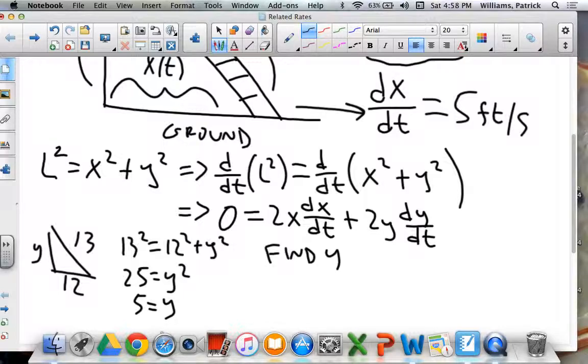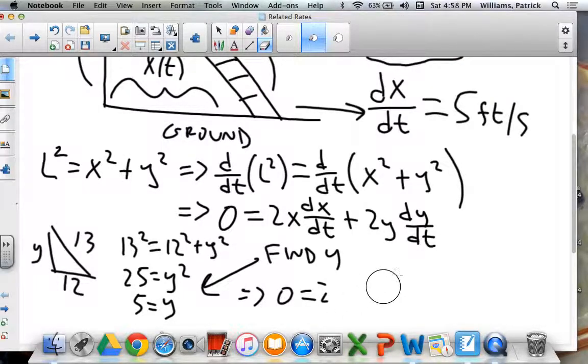So now that we got that, we plug that back into our equation, and we get that 0 is equal to 2 times 12 times dx/dt, which was 5. And actually, let me erase this because I just did a cardinal sin right there. I didn't keep track of my units, and that's going to be really hard for you guys if you don't do that, okay?